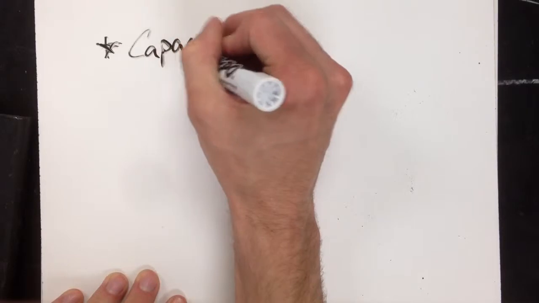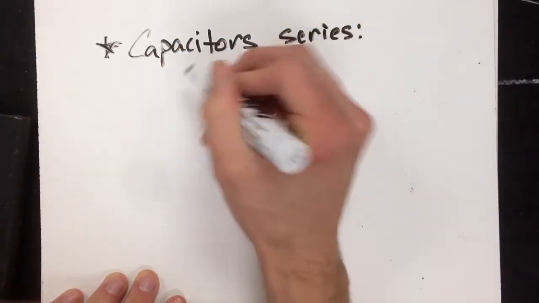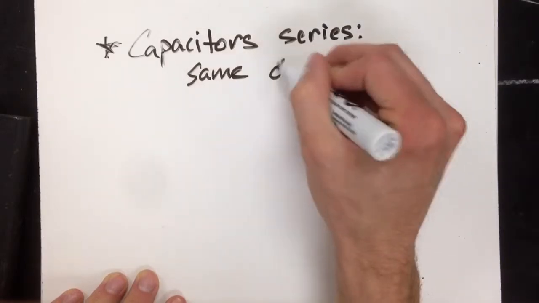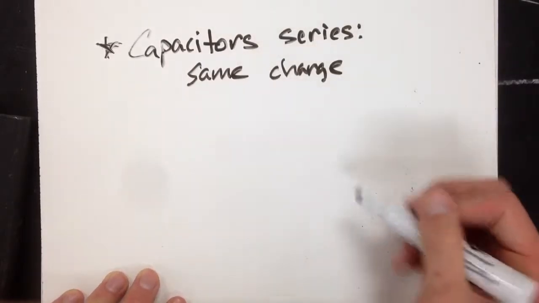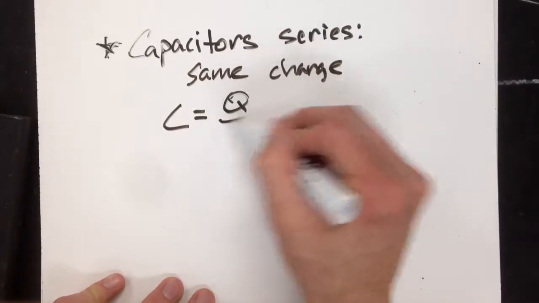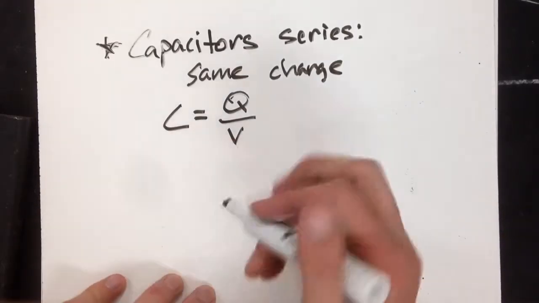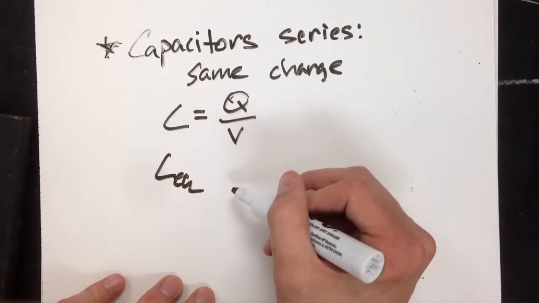Capacitors that are in series have the same charge. And so here's what we're going to do. I know that capacitance is Q over V. So I know the equivalent capacitance.